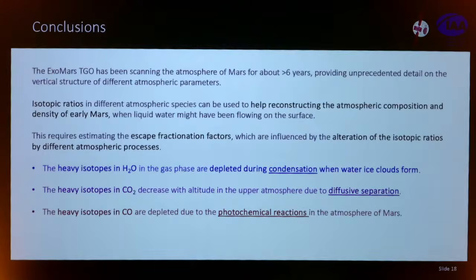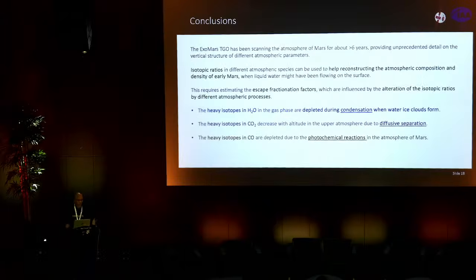So after 5-6 years of exploration, the ACS and Trace Gas Orbiter have been able to deliver, I think, a very neat exploration of the isotopic ratio of C, O, and H. It has essentially confirmed things that we were anticipating, actually the role of condensation, the role of diffusive separation, and the role of photochemical reactions, but it's now confirmed by the observation, and that's one of the roles of our instrument around Mars: to see things that we were expecting and to see things that we were not expecting. Thank you.